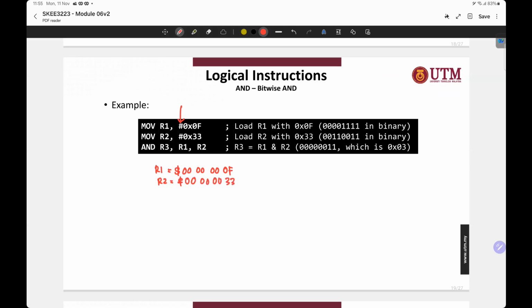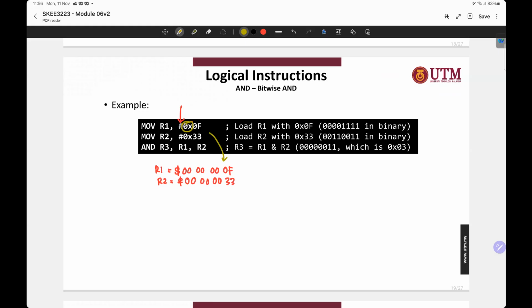Since this is using hexadecimal, the 0x here represents a hexadecimal, so you just straight away take the value and put it inside R2. If there is no 0x, or there is a dollar sign, it means that it is a decimal number, so what you need to do is change it to hexadecimal. Then after that, you can put it inside the register.